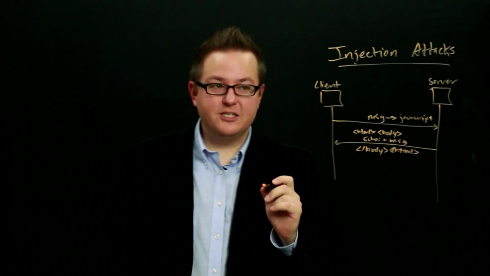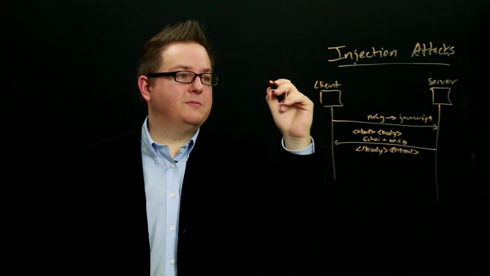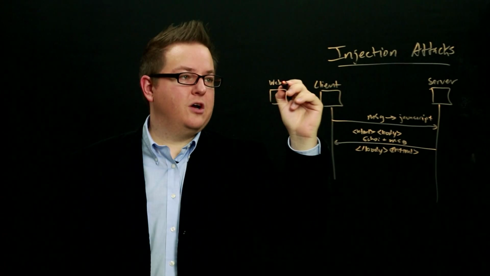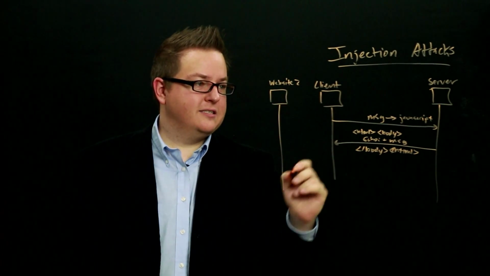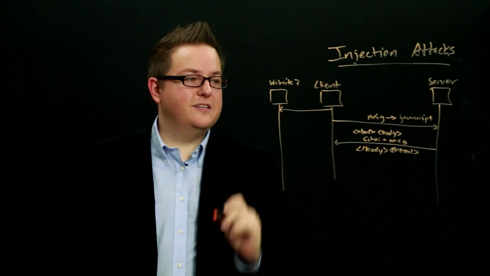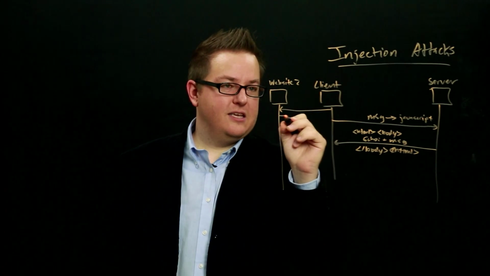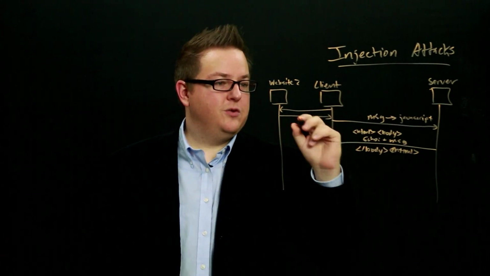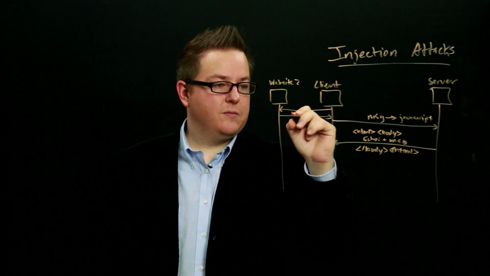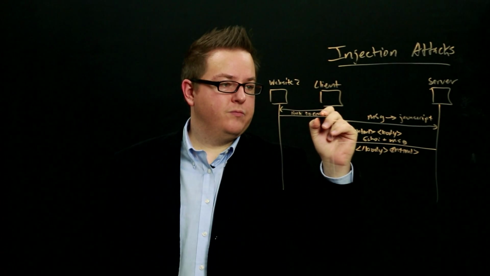Well, the challenge is, think about, in this case, if we had a second website. So we have another website, and the client goes and visits this website. And part of what the website returns is a URL to this server, so a link to the echo service.